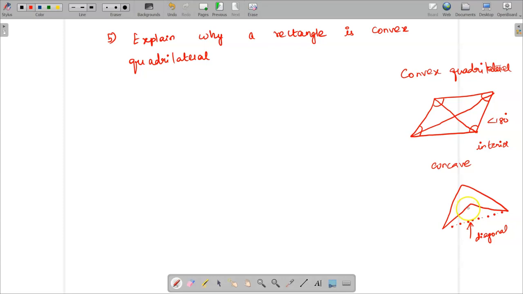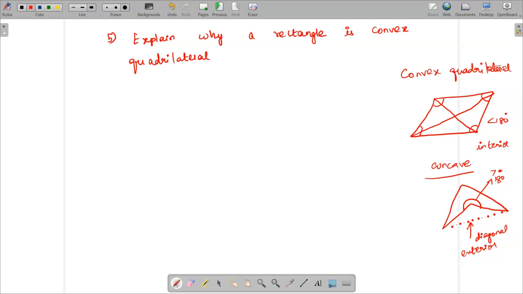Also, at least one of its interior angles will be greater than 180 degrees. When you measure this, it will definitely be greater than 180 degrees. One of the interior angles will be greater than 180 degrees, as well as at least one diagonal lying in the exterior of the quadrilateral.